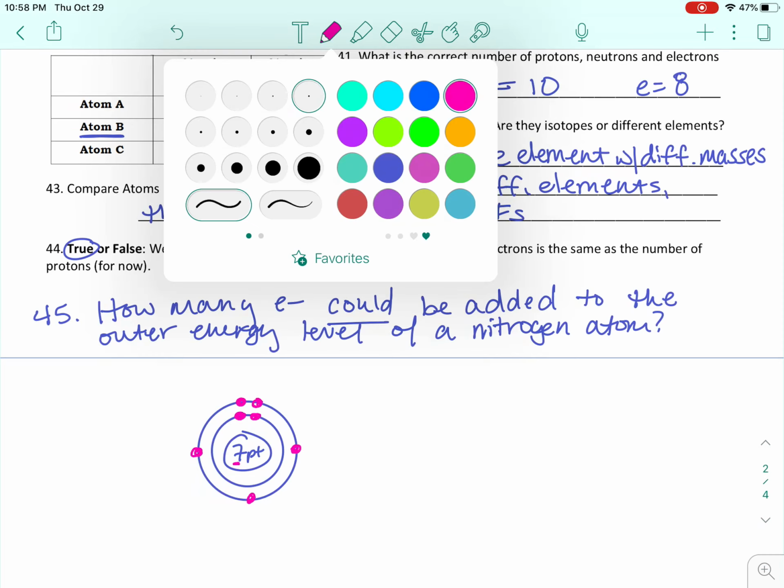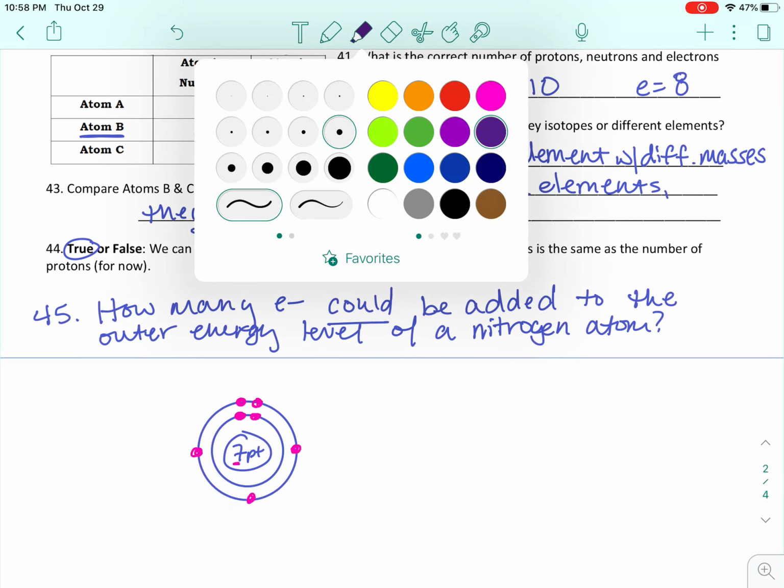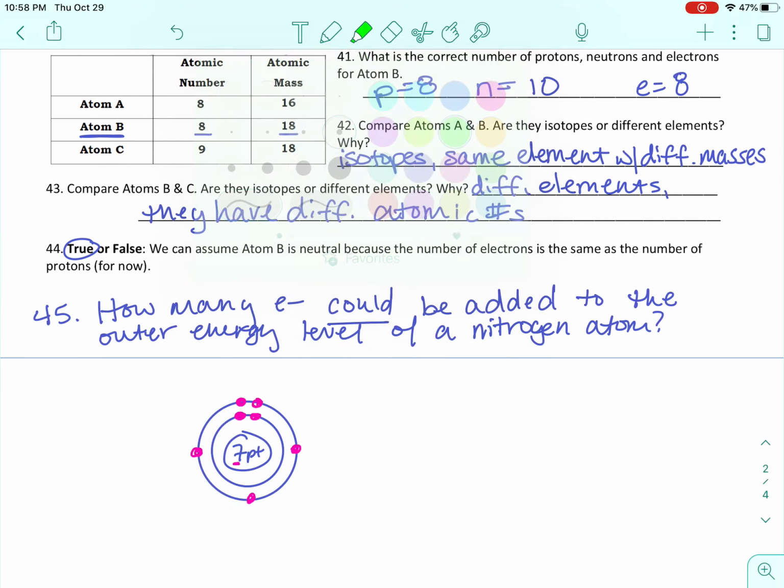Okay, let's think about how many electrons can fit in this energy level. Remember this is the second energy level, so the second energy level can hold up to 8 electrons. So how many more could fit in this energy level? Well, it has 5, so we could fit 3 more electrons in that energy level. So the answer would be 3.